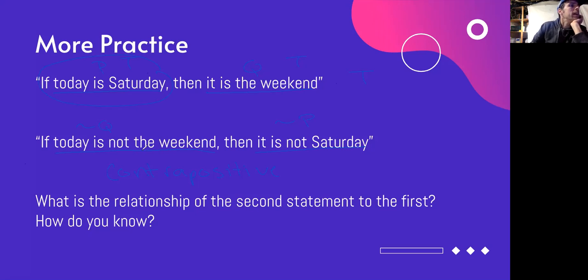What about the contrapositive? If it's not the weekend, okay, so that could be Monday, Tuesday, Wednesday, Thursday, or Friday. So not the weekend, then it's not Saturday. Yeah, that's also true, right? If it's not the weekend, it has to be one of these days, which is definitely not Saturday. So this would also be a true statement.